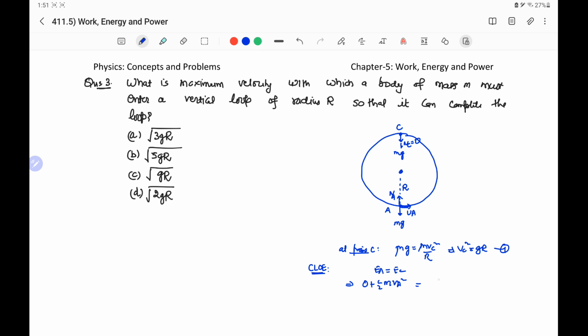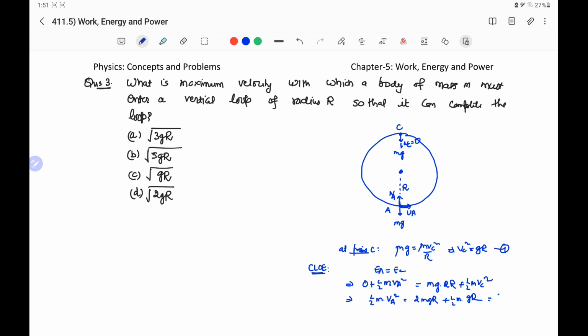This will be equal to the potential energy at point C, because point C is at a distance 2r with respect to A. So potential energy will be mg into 2r plus half m Vc square. This implies that half m Va square will be equal to 2mgr plus half m Vc square, and Vc square from equation number 1 is gr.